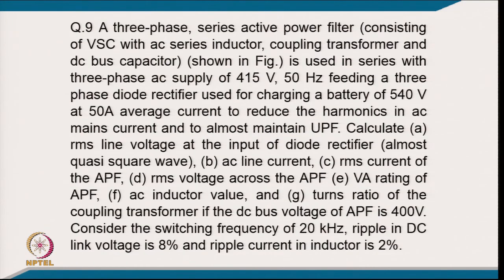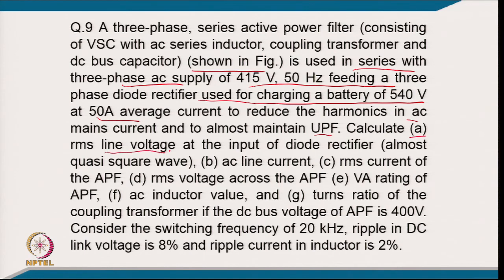So, coming to the 9th numerical problem: a 3-phase series active power filter consisting of a voltage source converter with AC series inductor, coupling transformer and DC bus capacitor, shown in the figure, is used in series with the 3-phase supply of 415 volt 50 Hz feeding a 3-phase diode rectifier load for charging a battery of 540 volt at 50 ampere average current, to reduce the harmonic currents in the AC mains current and almost maintain unity power factor.